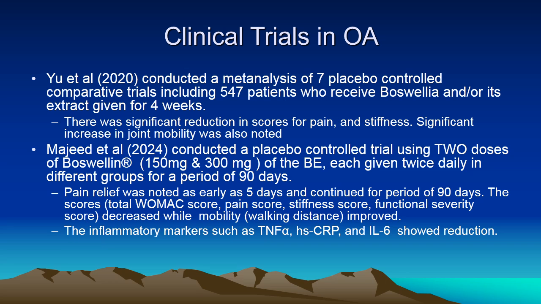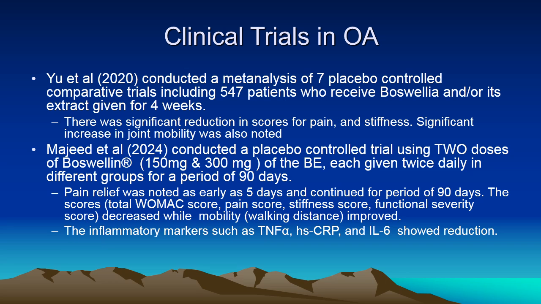Large number of clinical trials have been done. I will summarize the evidence from the secondary meta-analysis of large placebo-controlled trials. For example, Yu et al. found the extract very effective when given for 4 weeks in patients with osteoarthritis.